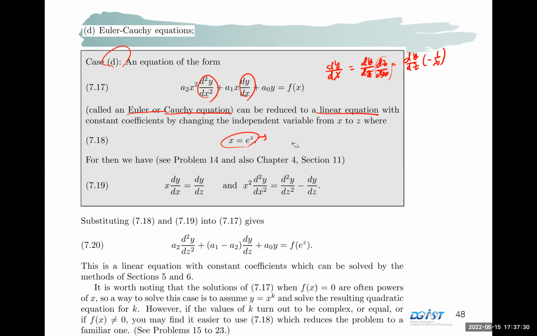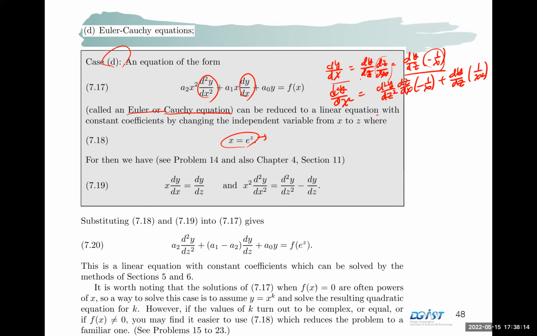For the second derivative, we need to take the derivative of this with respect to x. If we take the derivative with respect to x, we have the second derivative with respect to g and dg/dx, multiplied by the derivative, so we have 1 over x square.